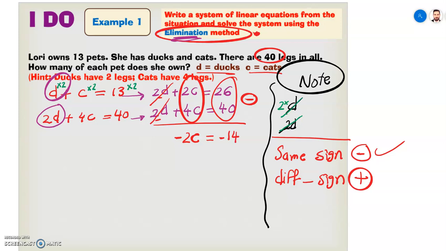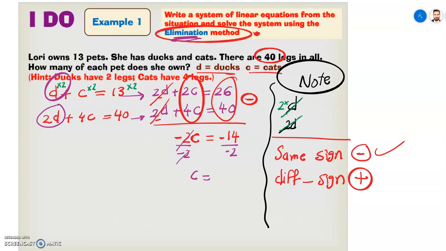I will divide both sides by negative 2 because I am going to make C the subject. So divide both by negative 2. Here D is gone.